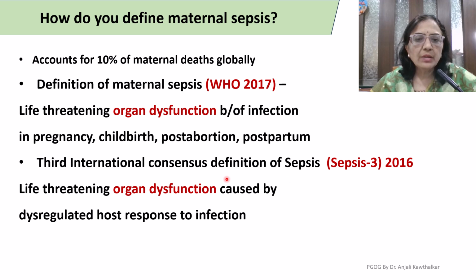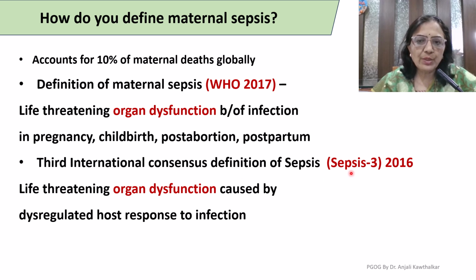Even there is a definition which is given by the Third International Consensus Definition of Sepsis, which was proposed in 2016, and this is called sepsis 3 because it was the third international consensus which provided us with guidelines as well as the definition.